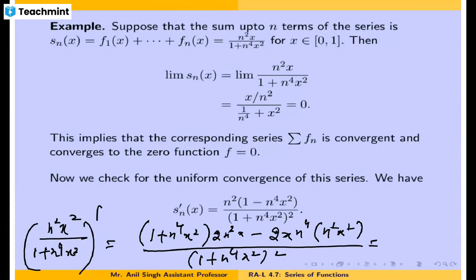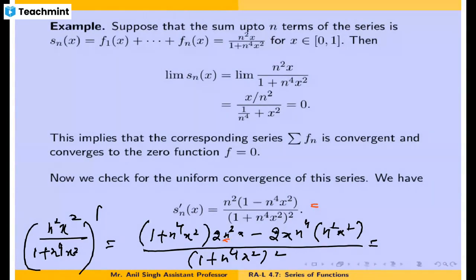Now you simplify these terms. I'm writing it here just to make space. In the numerator, you can take n square out of everything, because in the first term I have n square, and in the second term I have n to power 6.